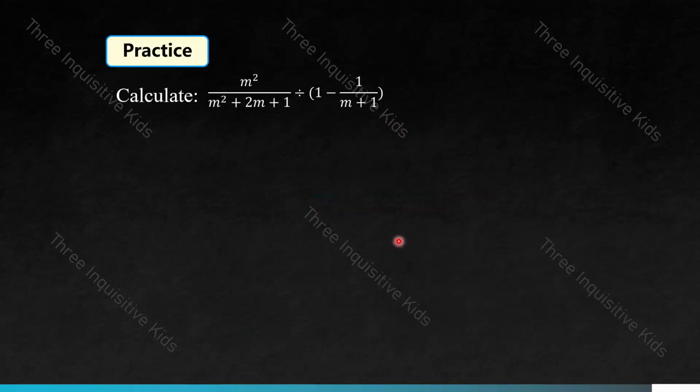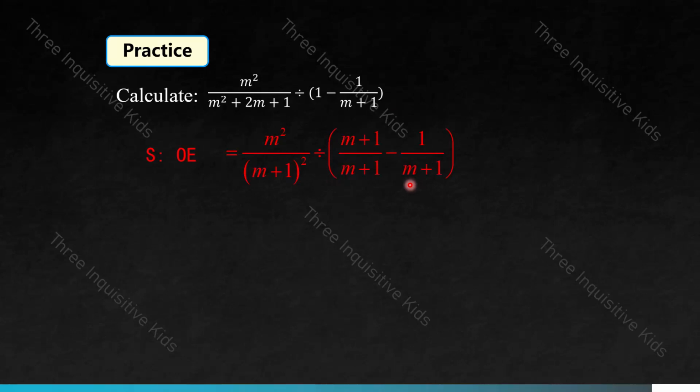Practice. Calculate this expression. We see that we can actually apply some formulas in here. So on the bottom of the first fraction, we can use the perfect square formula and turn it into m plus 1 squared. And this is divided by m plus 1 over m plus 1 minus 1 over m plus 1. Do you see what we did here? Instead of writing 1, we turned it into m plus 1 over m plus 1, so that when we subtract, we would have like fractions.